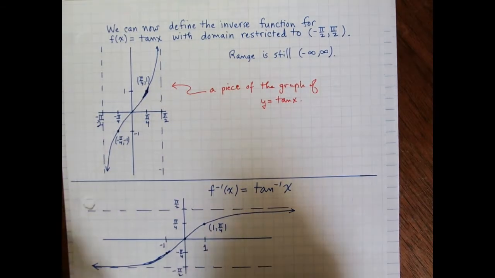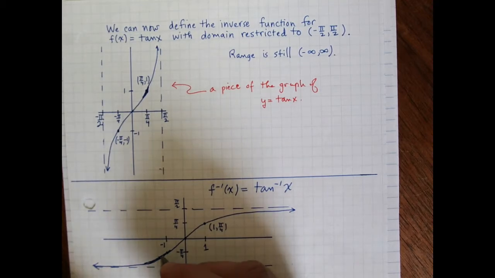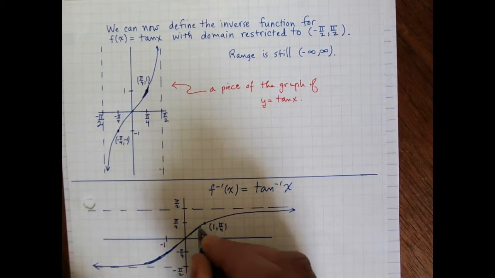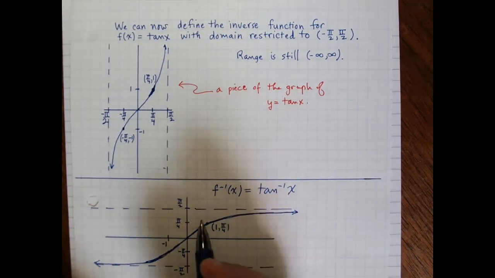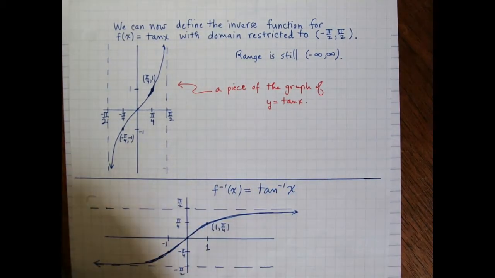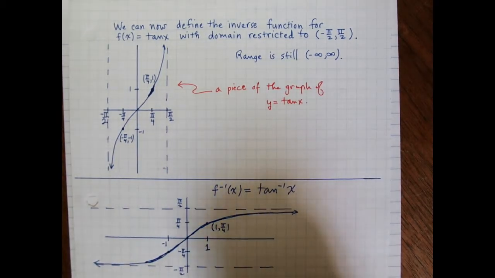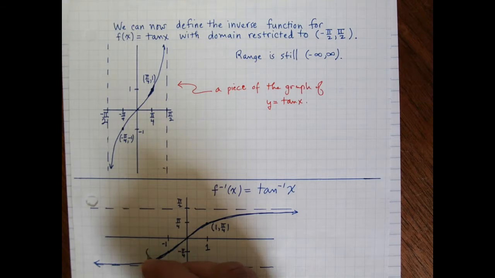And I'm going to approach that horizontal asymptote in that direction. So it's like one horizontal asymptote applies to one direction, pi over 2 for the positive direction, and negative pi over 2, the lower horizontal asymptote applies for the negative direction. And so just notice this point we would say has coordinates negative 1, negative pi over 4.